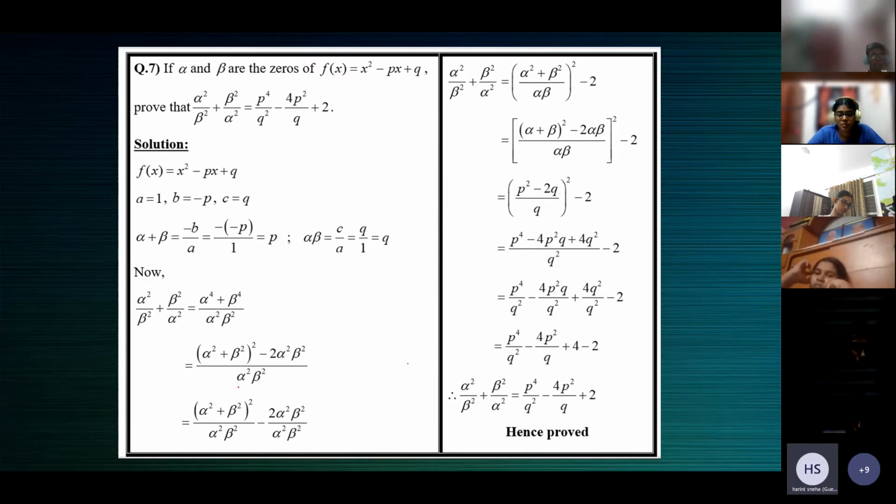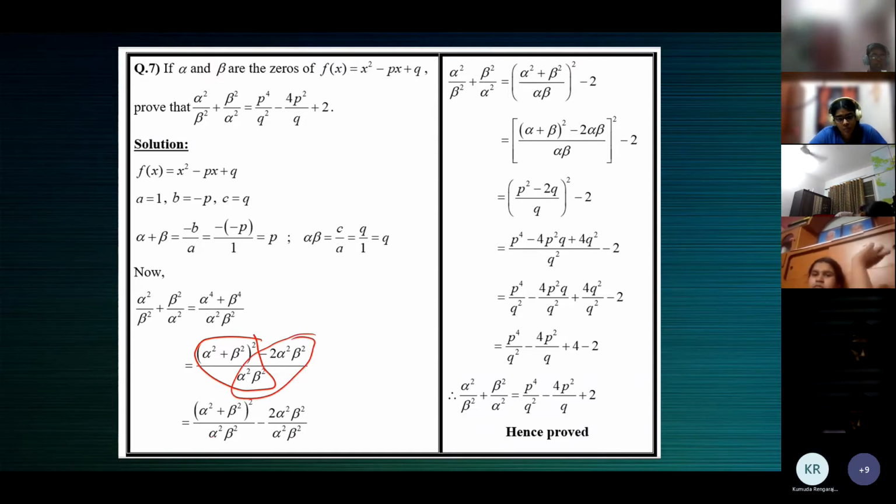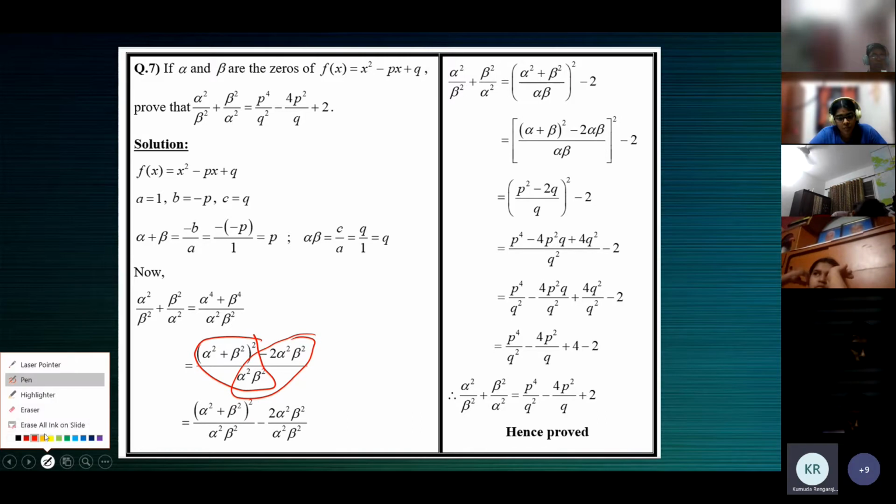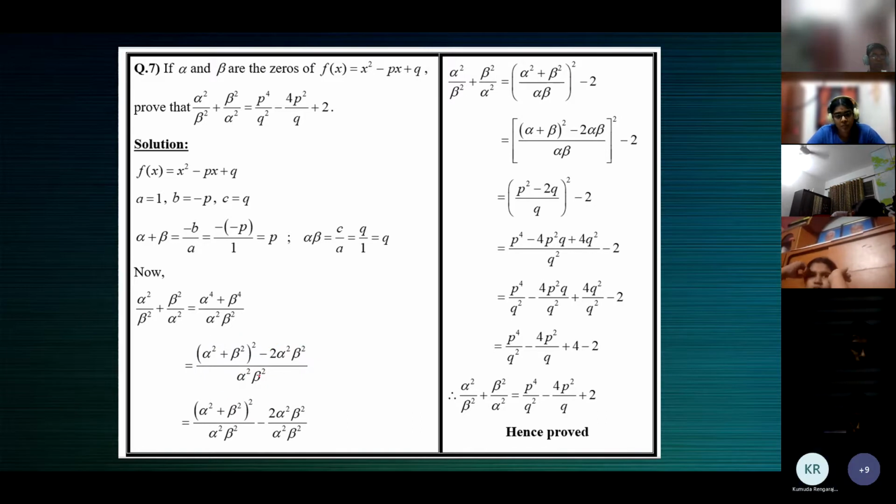So you can see here, this numerator divided by alpha square beta square, minus 2 alpha square beta square by alpha square beta square, dividing this by this and this by this. The denominator is applied to every term in the numerator. That's the next step. So here alpha square beta square gets cancelled. So that becomes minus 2.